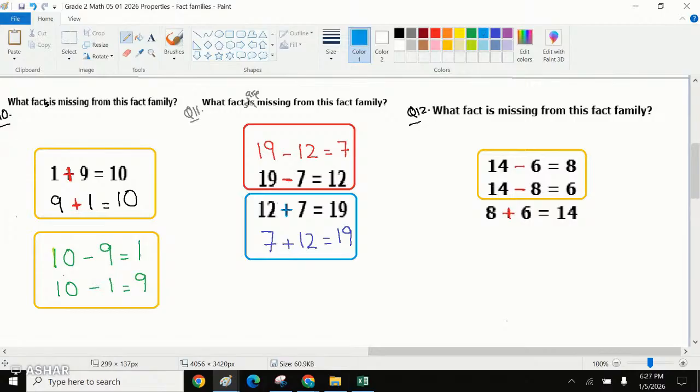Then the positive statement would be 6 plus 8 is always equal to 14, because in addition, if we interchange the position of the two numbers, it does not make any difference. In addition only, right? But in subtraction, it would matter. We cannot change the position of 14 and 6. The larger number has to be in the beginning. Okay? Moving ahead with the next question.